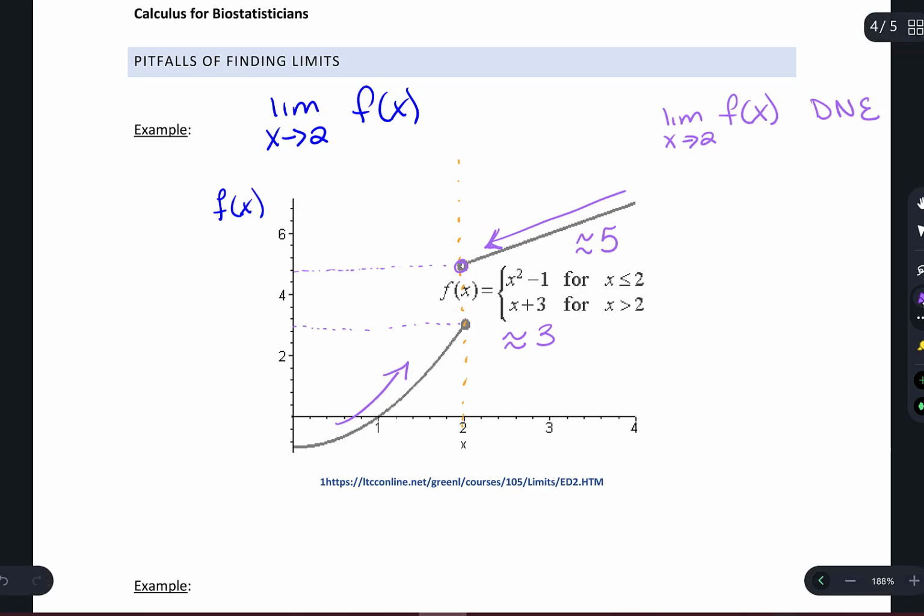But we could define the limit of f of x as x approaches 2 from either of our two sides.